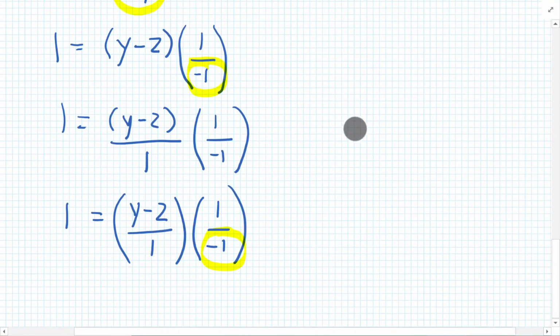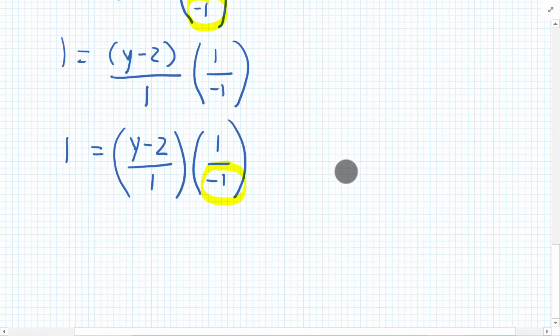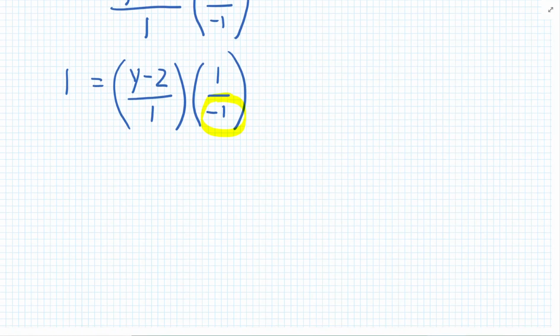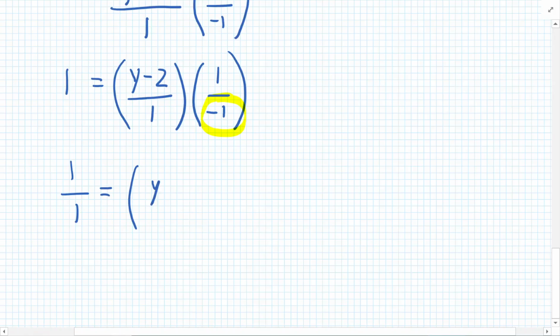Okay. You'll find that in math you're going to be working with ones in denominators or numerators a lot. Okay. We could even make this look a little different. 1 over 1 is equal to y minus 2 over 1. 1 over minus 1, right?